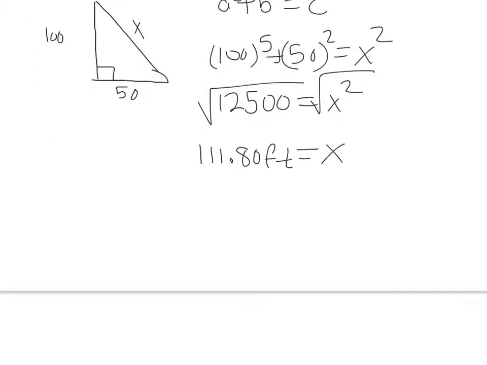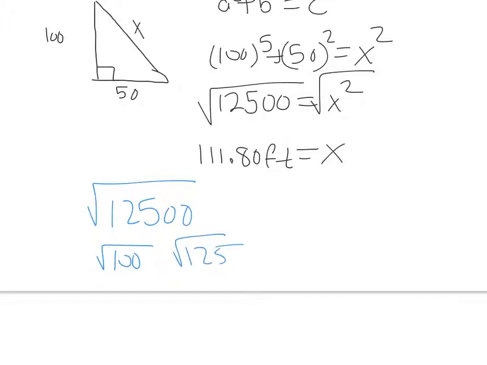Now, if it says exact answer on a test or quiz, then I guess we got to give the exact answer. So what we need to do is remember how to simplify this. Okay? So I see that it's got 2 zeros, so I'm going to change that to 100. Square root of 100 times square root of 125. And that's 10 times the square root of 125.